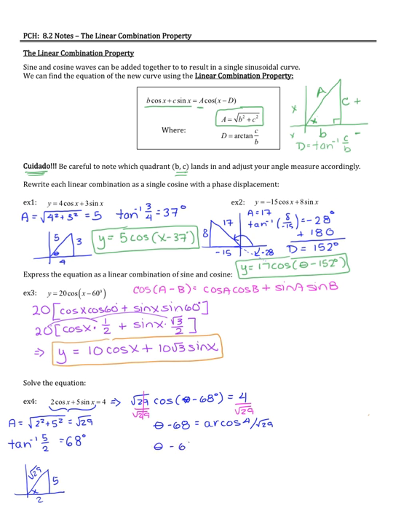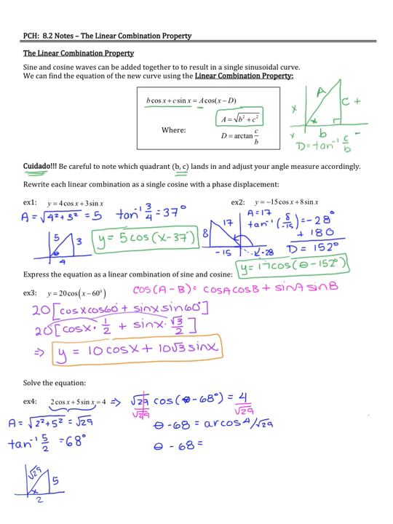So theta minus 68 is going to equal, so you go to your handy dandy calculator, and we get that the inverse arc cosine 4 over rad 29 is going to give me 42 degrees.